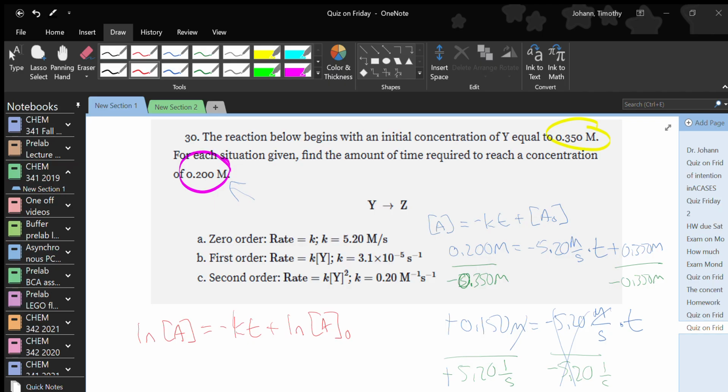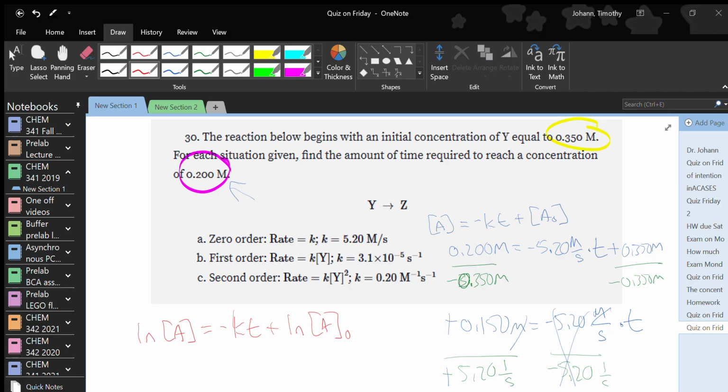Yes, 10 to the negative 5. Why, for the integrated rate law for second order, why is k positive? Because of the calculus. Have you had calculus? Yeah, I took Calc 2 last semester. Okay.